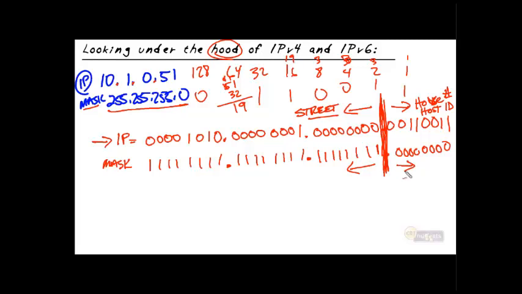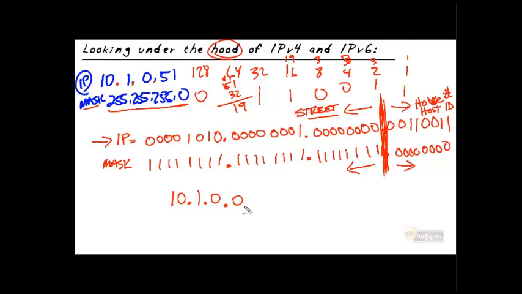So we could say that this computer lives on street 10.1.0, and then anything past the line, because this is the third octet, you just leave as a 0. You have to represent 4 octets all the time, so for the network, because there's nothing to the right of that last octet, you put it as 0.